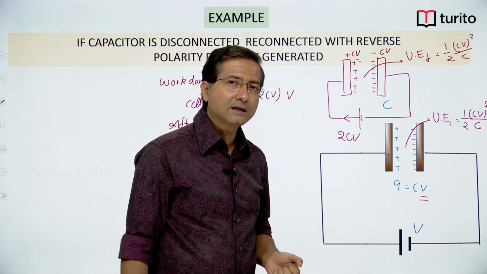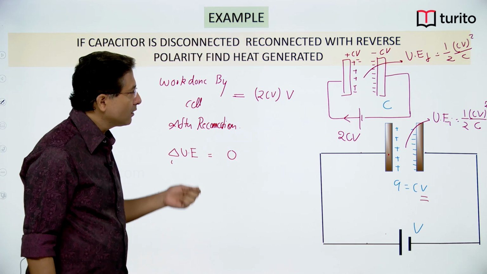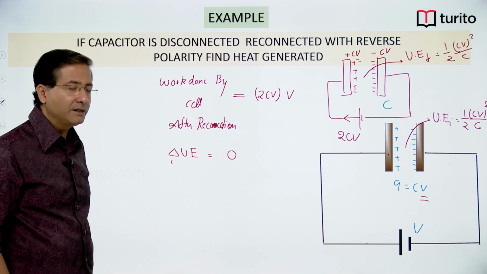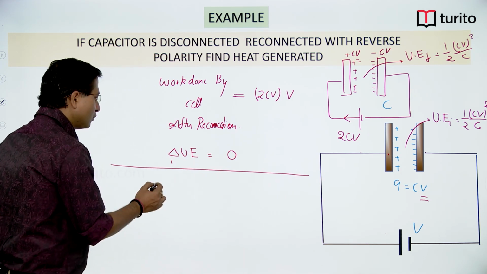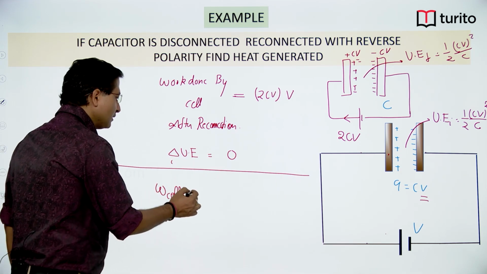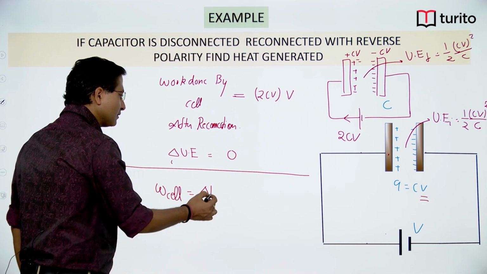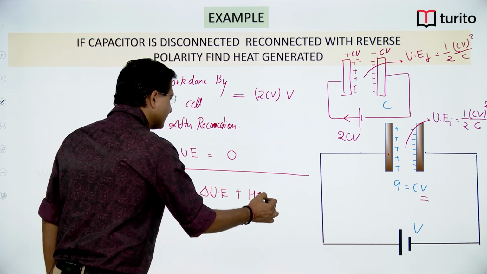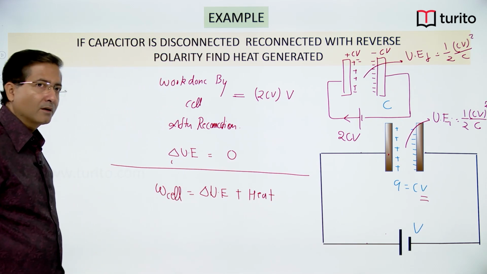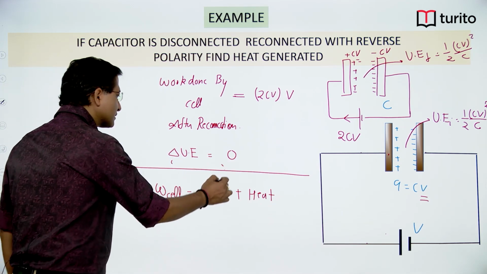As there is no change in energy stored in the capacitor, the whole work will go in the form of heat, because we have seen that work done by cell is equal to change in energy stored plus heat generated. Change in energy stored is 0.